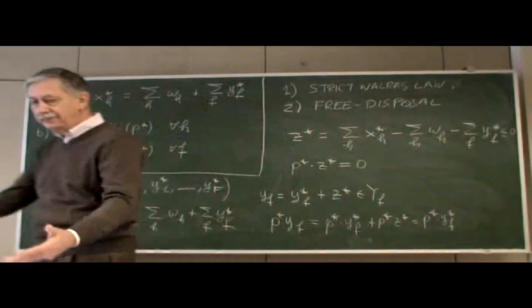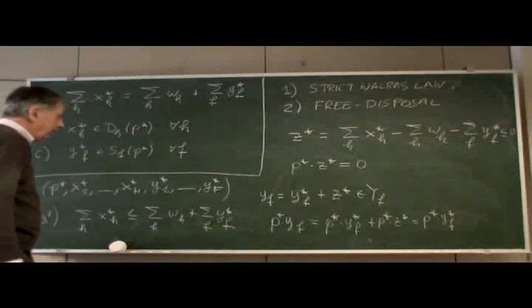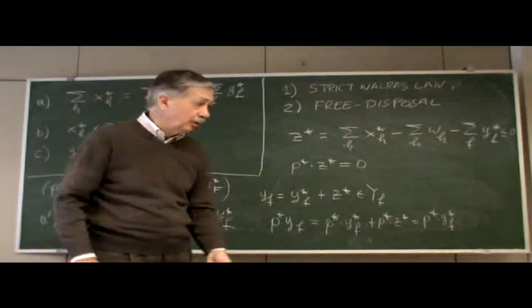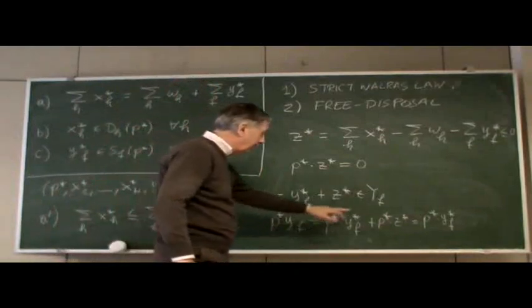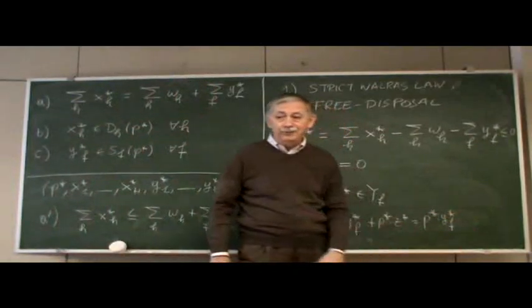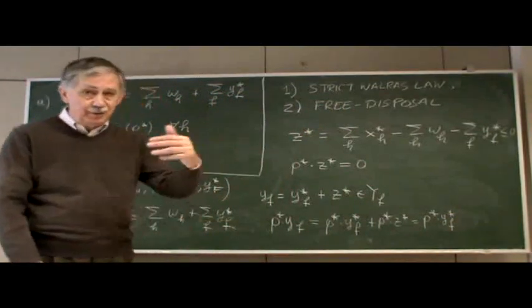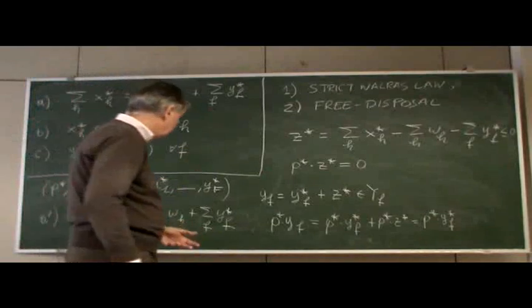What is the meaning of this result? Simple. YF is another optimal process because its profit is exactly equal to the profit of Y star F, which maximizes the profit in the production set.